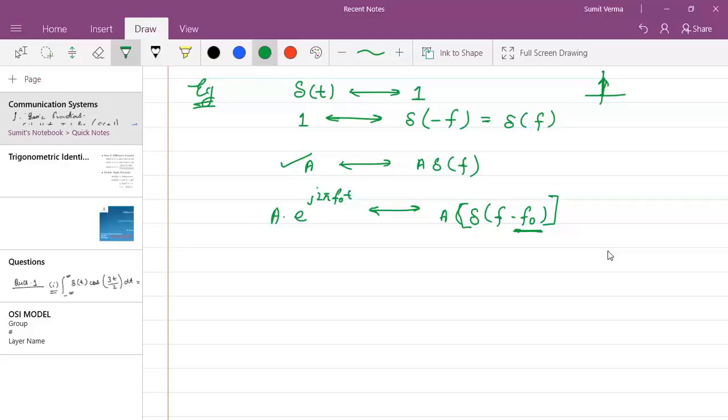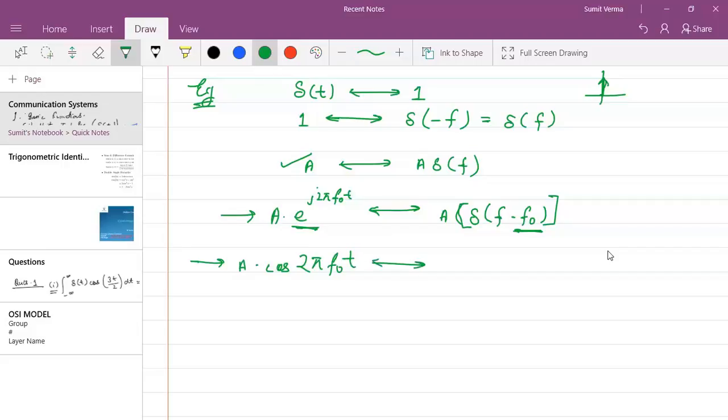Similarly, now instead of this exponential function, I am taking a cos omega naught t. Let me write it in terms of f: a cos 2 pi f naught t.